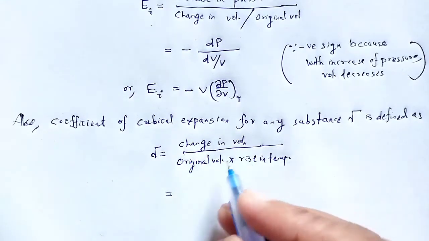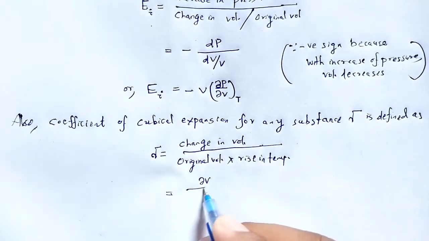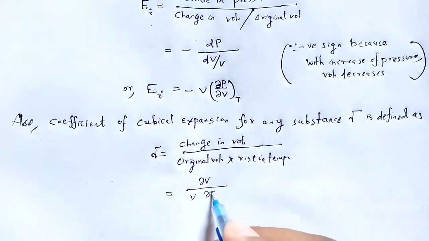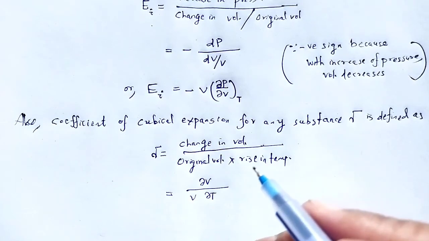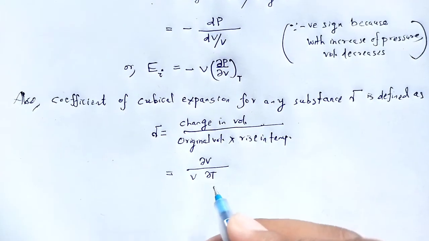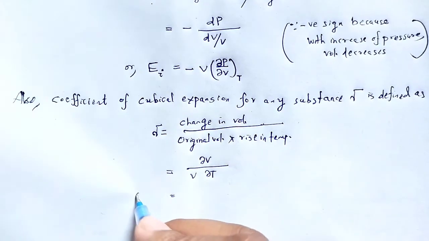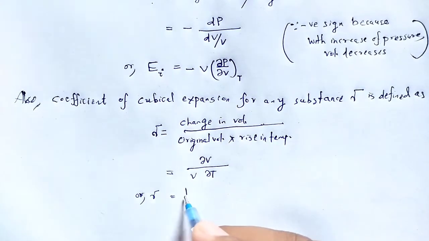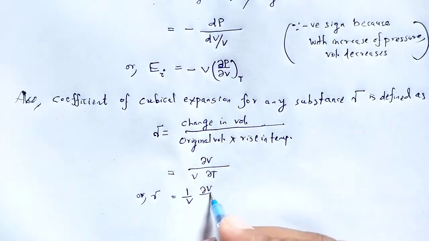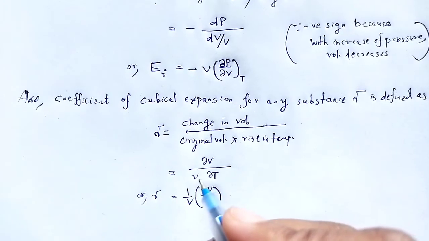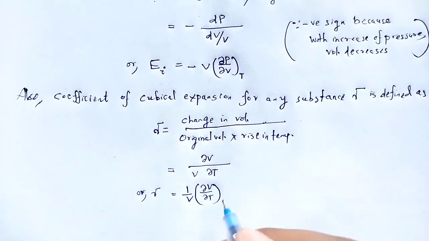That is change in volume del V, original volume V, rise in temperature del T, at constant pressure it is defined. So we write gamma equal to 1 by V del V by del T at constant pressure.